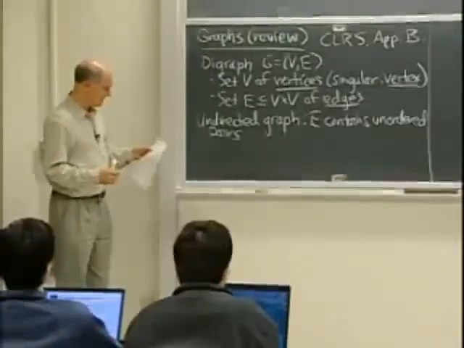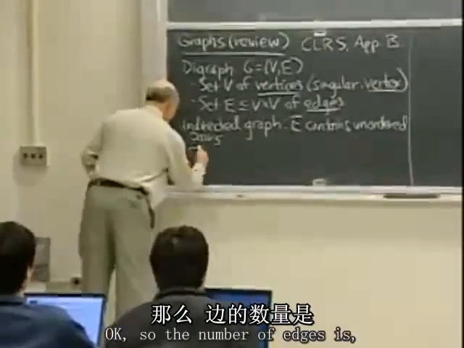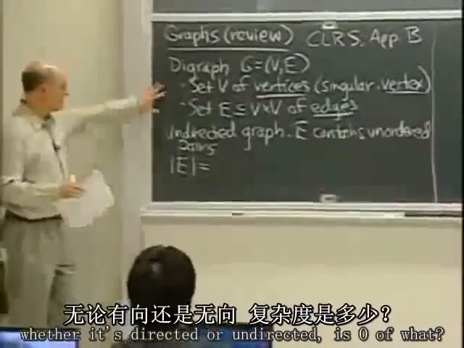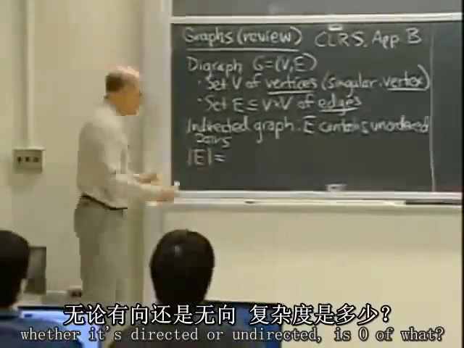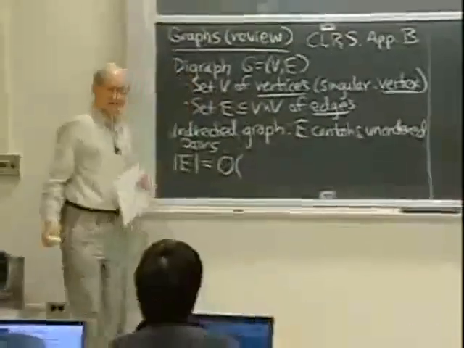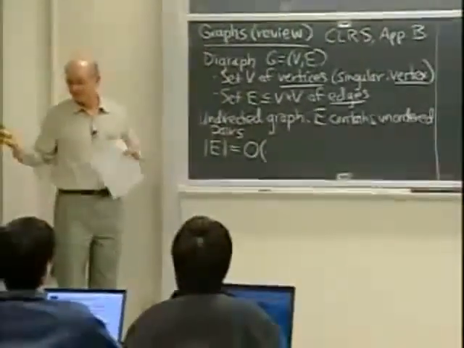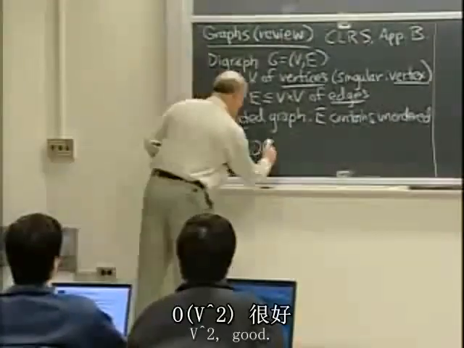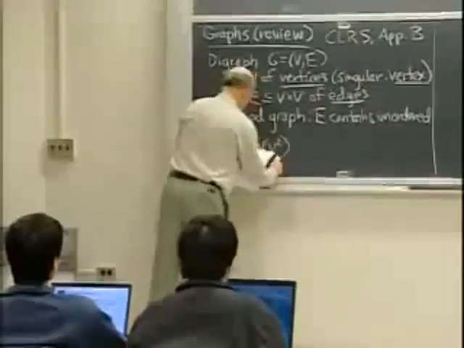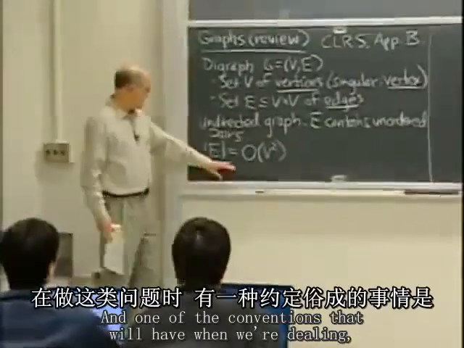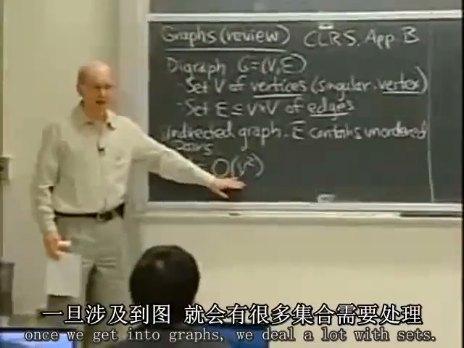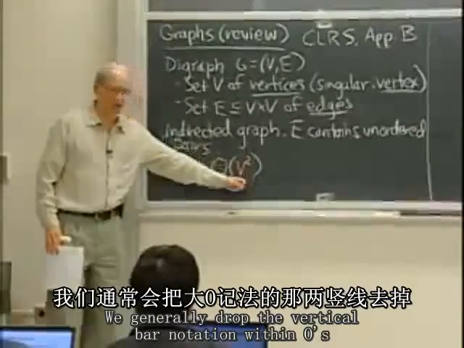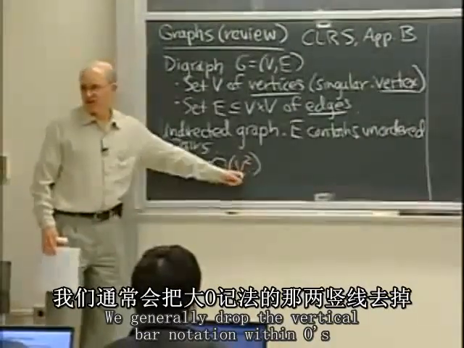Good. So the number of edges, whether it's directed or undirected, is O of what? V squared. Good. One of the conventions we'll have once we get into graphs, where we deal a lot with sets, is that we generally drop the vertical bar notation within O's just because it's implied.